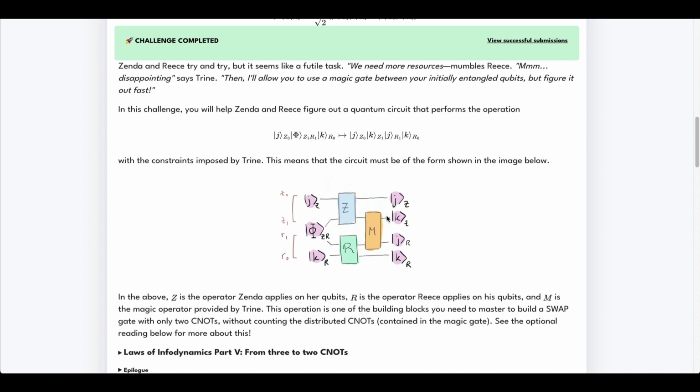But the restriction here is that we are not allowed to do direct operations between this qubit and the one where we want to transfer it to, and same for this qubit J. We cannot apply any control gates from this qubit down here to where we want to copy that qubit to.